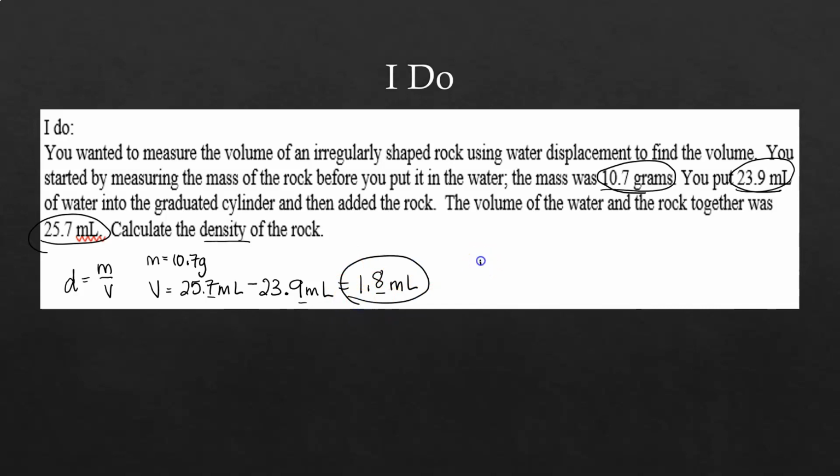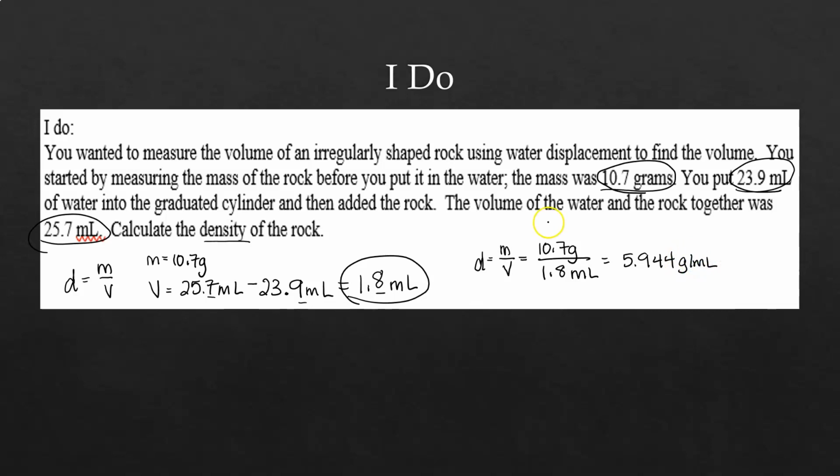So then calculating density, we would substitute in for mass and volume. So 10.7 grams over 1.8 milliliters. Plugging this into our calculator, 10.7 divided by 1.8 is 5.944, repeating, grams per milliliter.